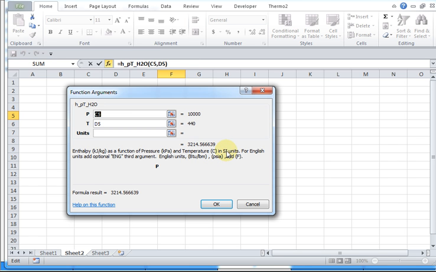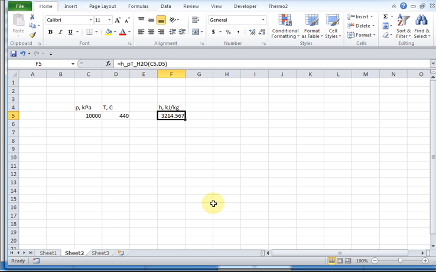And if you put the optional ENG for English units, then I want BTUs per pound mass for the enthalpy, PSIA for the pressure, and degree F for the temperature. So there's the resulting, that's repeating the information. So there's a lot of information available to help you.